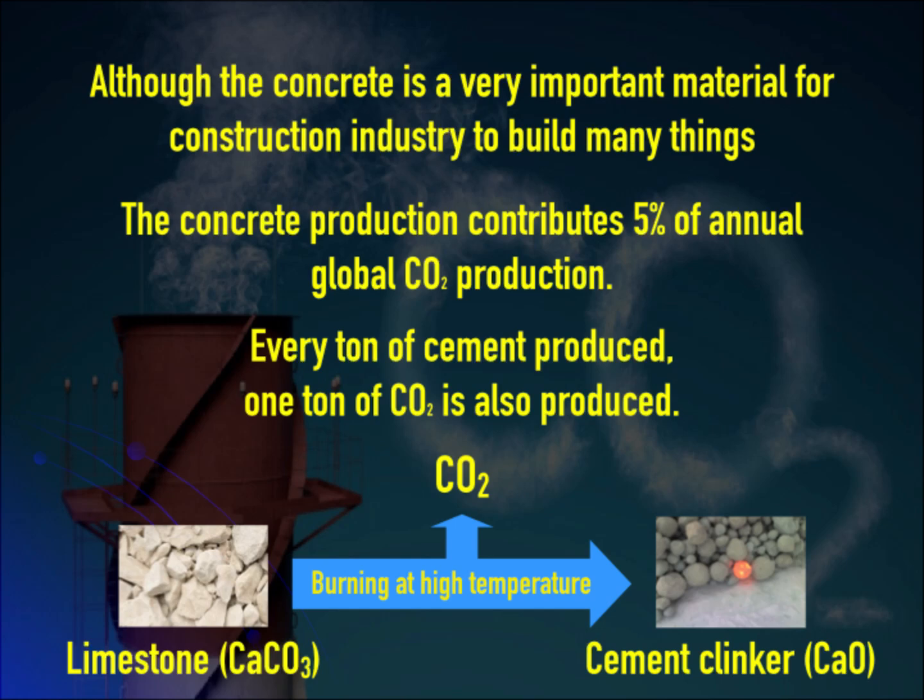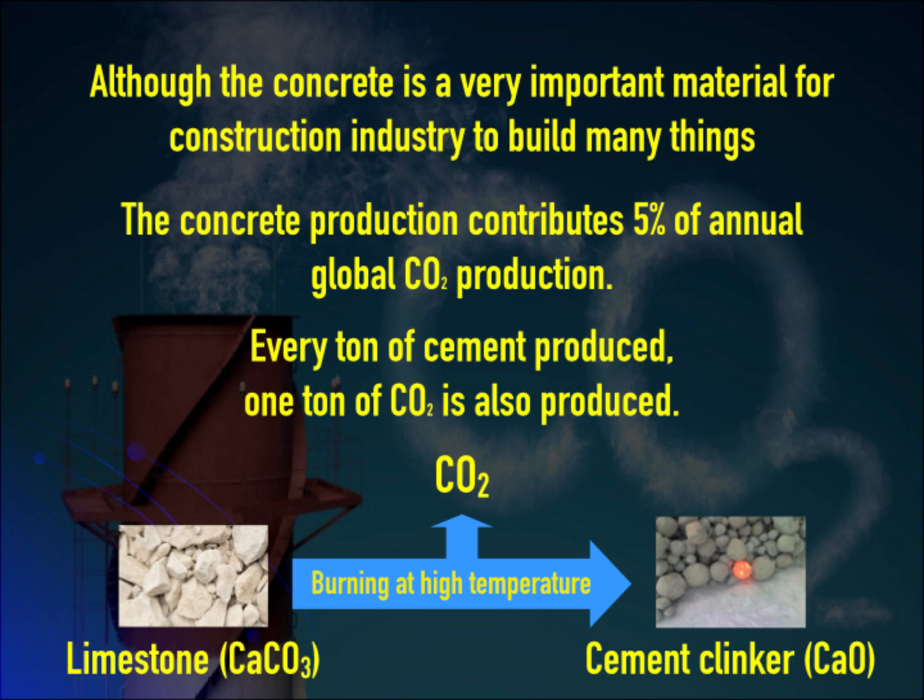It should be noted that cement production consumes a large amount of natural resources and energy. Unfortunately, it also releases a significant amount of greenhouse gases, mainly carbon dioxide, or CO2, into the atmosphere. This is because during the burning process, calcium carbonate or limestone is converted into lime or calcium oxide, which is the main chemical component of cement.